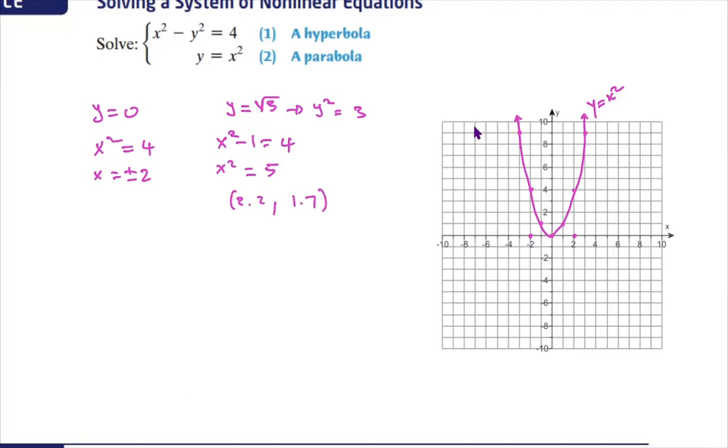So x equals 2.6, y equals 1.7, and then we can have another that is negative 2.6, 1.7, right?